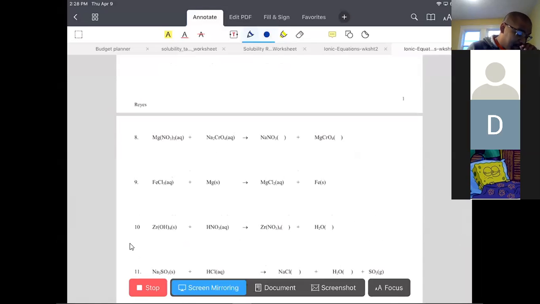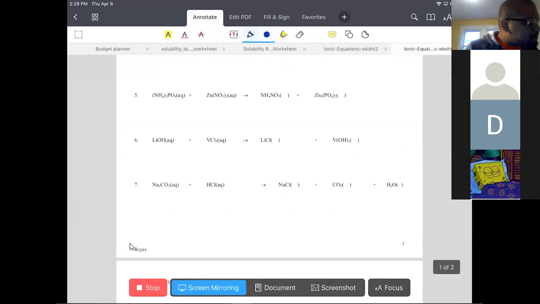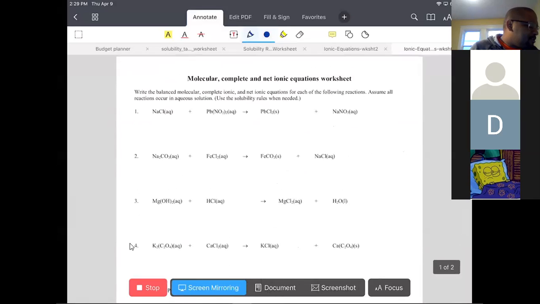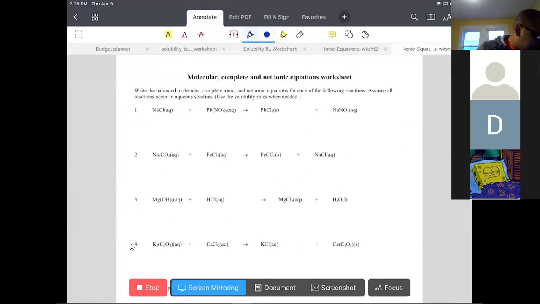You can do them, but it gets a little nasty. Problem 9 is kind of weird too. But I'll do the first one, I'll do the fourth one, and then we'll see.